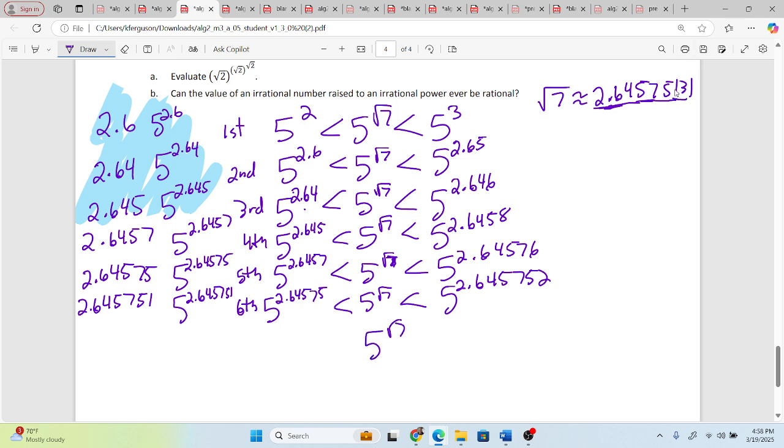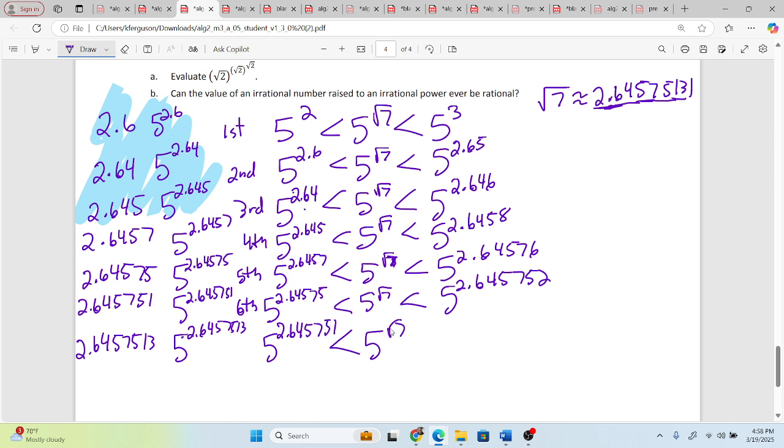So that's going to go all the way to 3. So I'm looking at 2.645751. So I'm looking at 5 to the 2.645751 power. So what's before that? Well, that's 5 to the 2.645751 power.